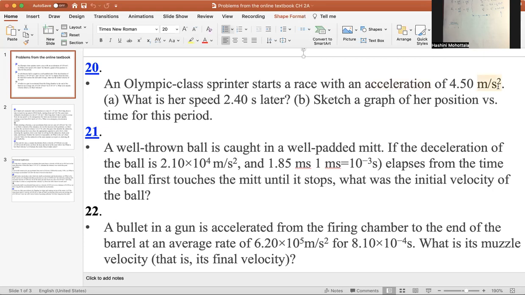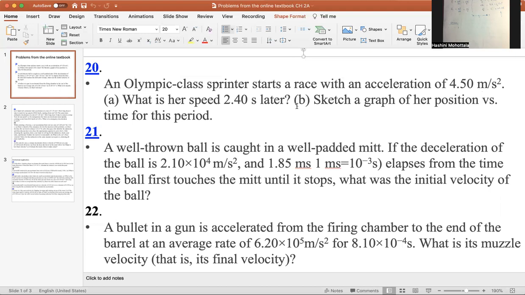So we have to watch out for two things. One is what we are looking at, and the second is if it is given in the correct SI units. So in this case, we have acceleration given as 4.5 meters per second squared. And the question asks, what is her speed 2.4 seconds later?